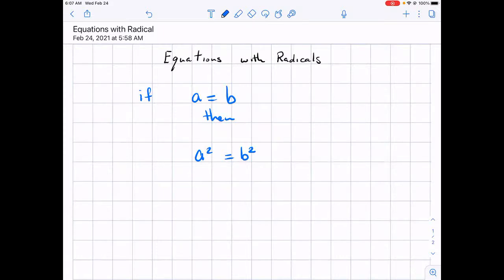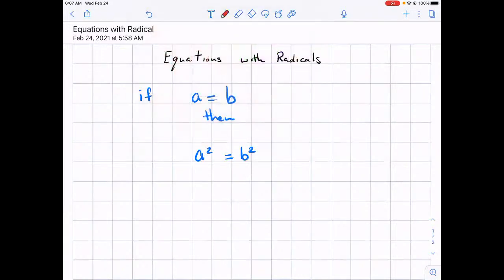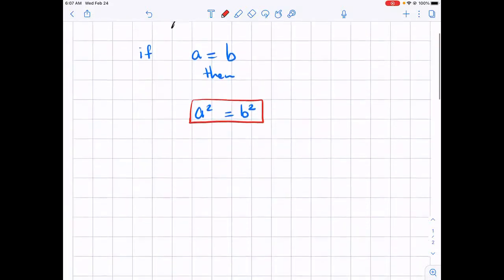But as we perform the square, when we square both sides, we may have what is called extraneous solutions. So it is very important that when you square both sides of an equation, we will have to check it.